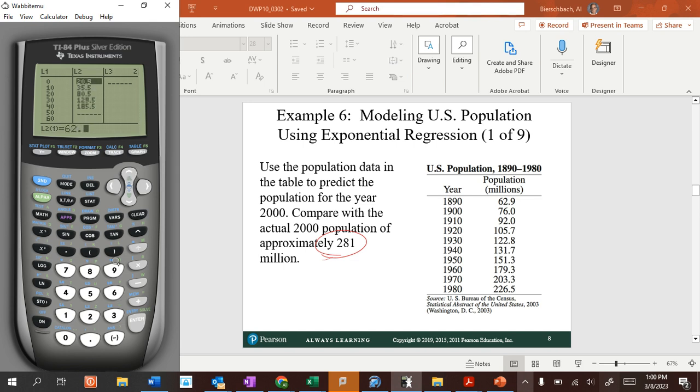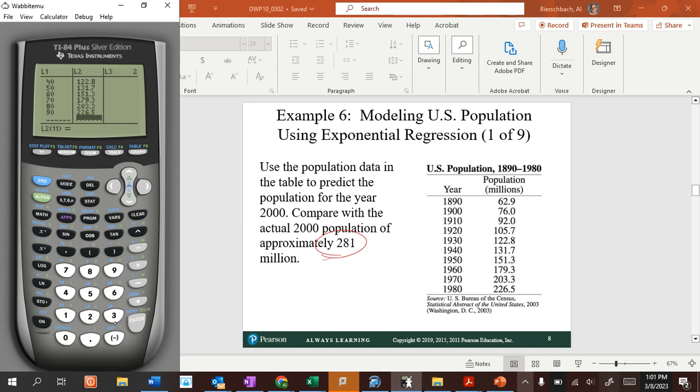So we got 62.9, 76, 92, 105.7. Oop, screwed that one up. 92, 105.7, 122.8, 131.7, 151.3, 179.3, 203.3, and 226.5.